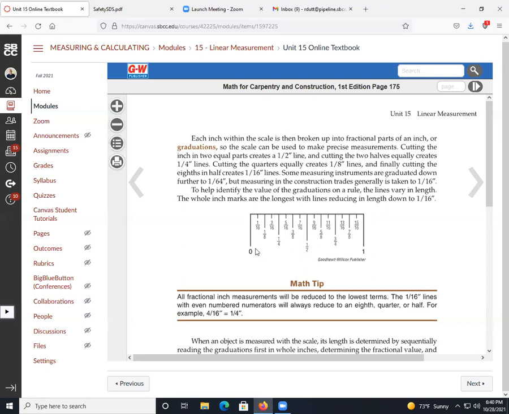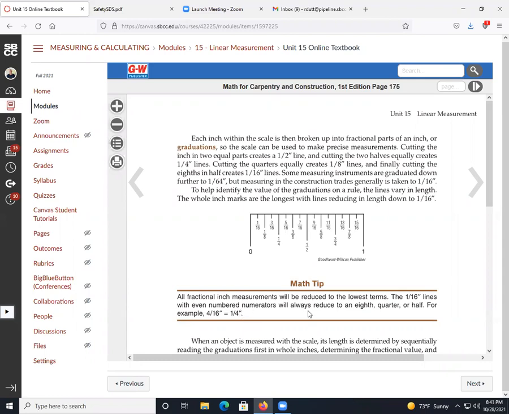The longest lengths of the graduations are in the whole inch. The second longest is the half inch, third longest quarter inch, fourth longest 1/8 inches, and then the shortest are the 16ths. So you get to know your tape measure. You know that if it's landing on one of those short lines, that's going to be in the 16ths.